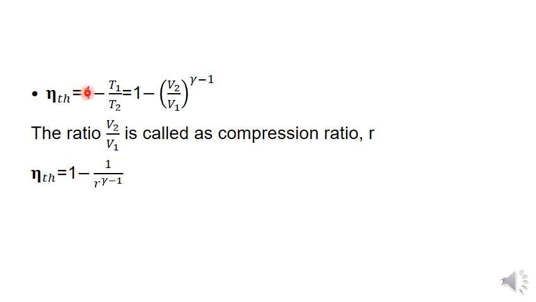Thermal efficiency is equal to 1 minus (T4 minus T1) divided by (T3 minus T2). Here T4 minus T1 is the decrease in temperature due to heat rejection, and T3 minus T2 represents the increase in temperature due to heat supplied, and r is the compression ratio, that is nothing but V2 by V1, and r we can also write like this.